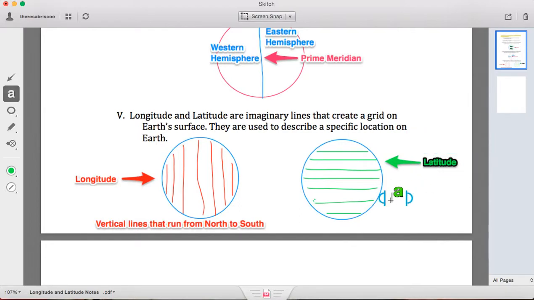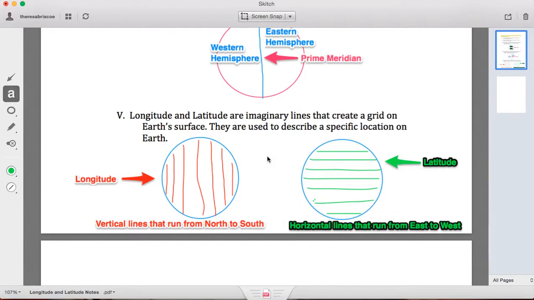And then let's type a little bit about latitude lines. Latitude lines are horizontal that run from east to west. And those are interchangeable, east to west, west to east. They run from left to right around the earth, or right to left. I'll move that down there.